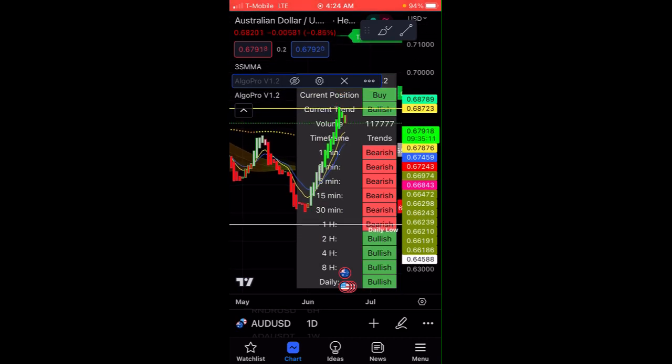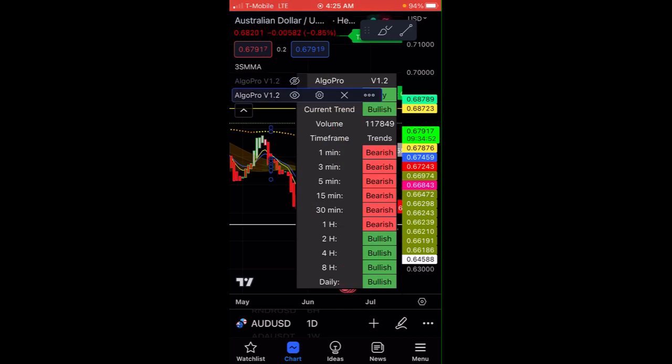Now, if you're opening this up on a desktop computer, you'll notice they updated it with a little table here, where you see the overall trend of anything here, and you can see if something is bearish or bullish right off the bat.